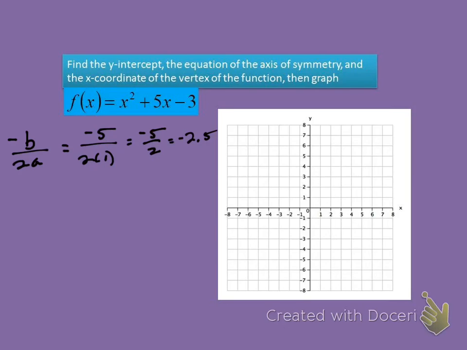So this is probably a rare case where I actually prefer decimals. That way you know right where you're at on an XY number line. Make sense? Okay, so there's your x. Now plug it in. So x is negative 2.5 squared plus 5 times negative 2.5 minus 3.